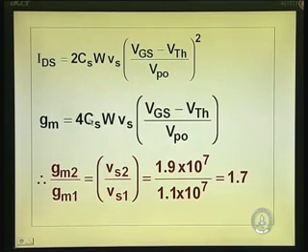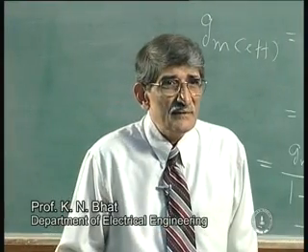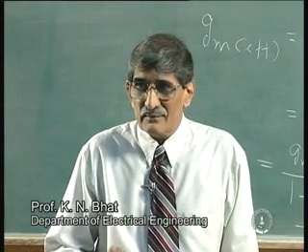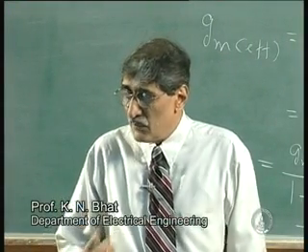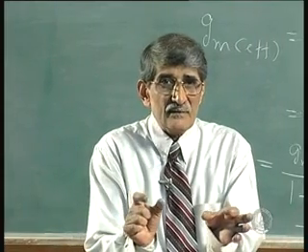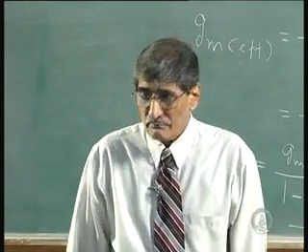When you substitute all these values, you get 1.9 times 10 to the power 7 for the second device, and for the first device you get 1.1 times 10 to the power 7. So, the ratio is 1.7. What we are saying is Gm2 in the second case is higher than Gm1, possibly because the effective saturation velocity is more when you bring the n+ layer close to the gate.